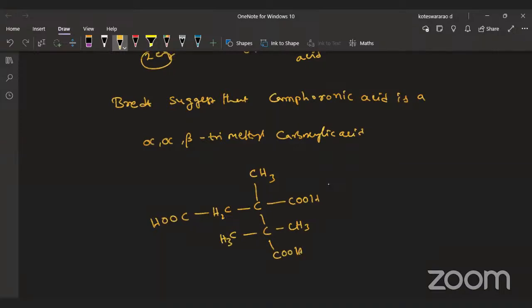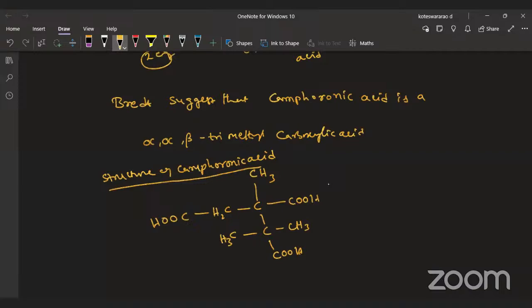This is the structure of camphoronic acid.